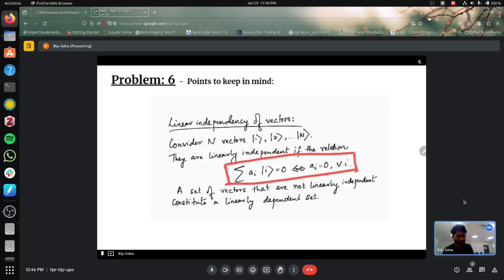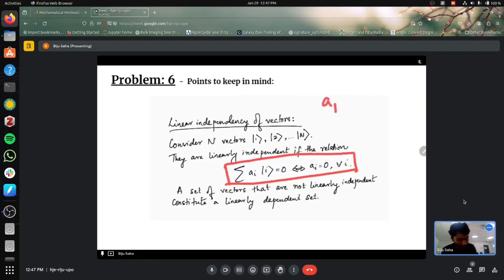If that condition is satisfied, then we say that the vectors involved are linearly independent. If they are not linearly independent, then they constitute a linearly dependent set, because then we can express any vector in terms of the other vectors.